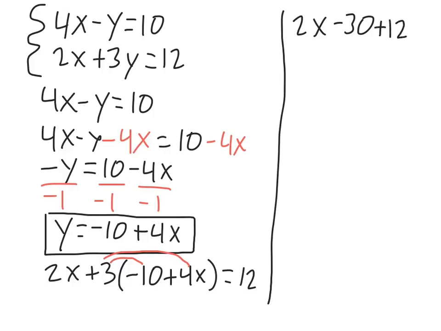So a positive 12x, and then that still all equals 12. Now we combine like terms here, the 2x and the 12x combine to give us 14x, minus 30 equals 12.